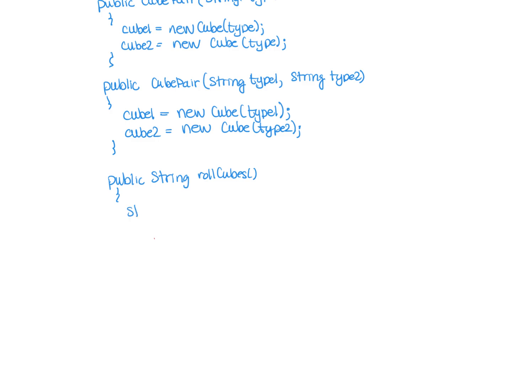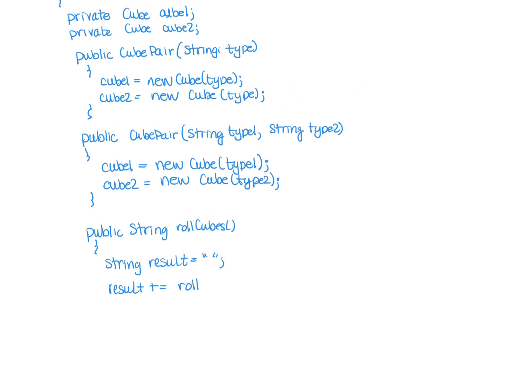I'm going to create a memory location called result, set it equal to an empty string. And then we're going to roll our first cube, and we're going to add it to the result. Result plus equals cube1.roll, sorry, object, and then call the method.